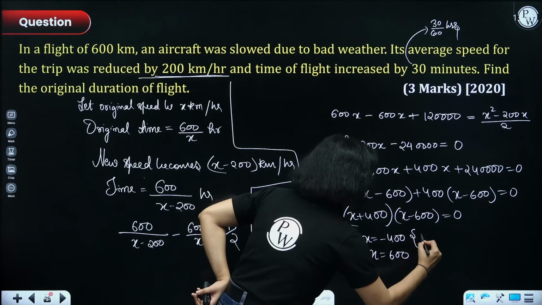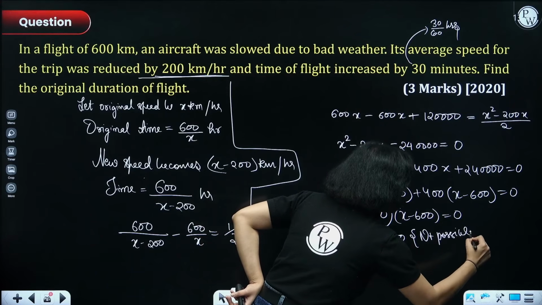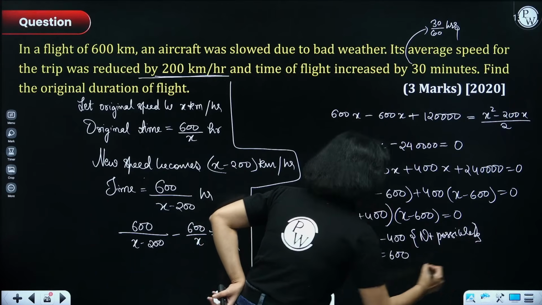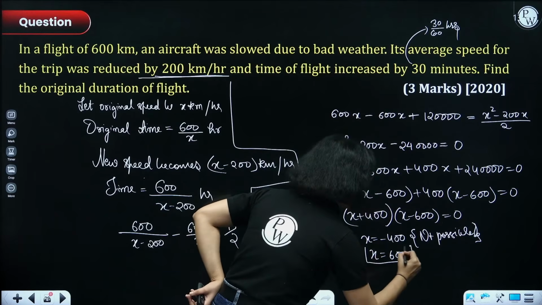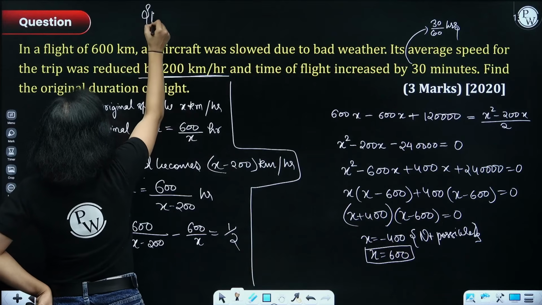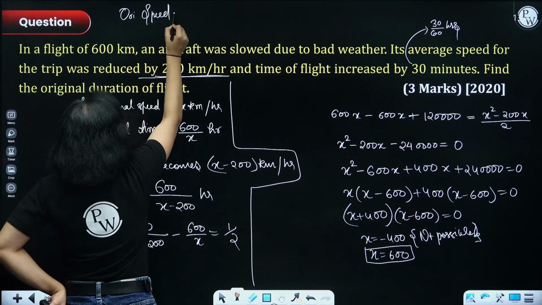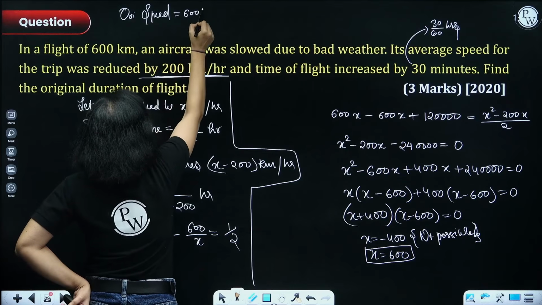So the value of x would either be negative 400 or the value of x would be 600. Negative 400, guys, not possible, right? You're talking about speed here. So x is equals to 600. That means original speed is equals to 600 km per hour.